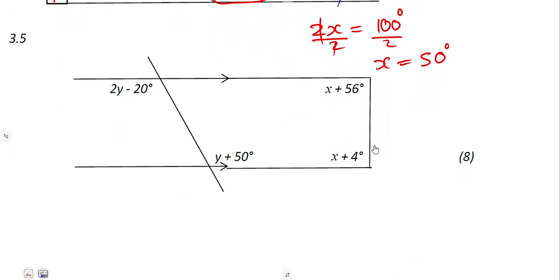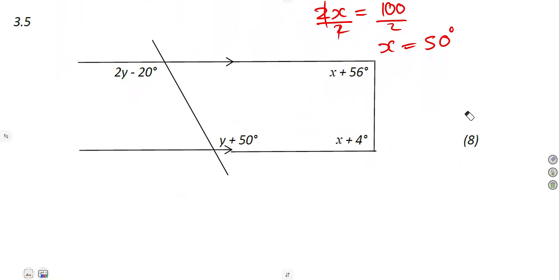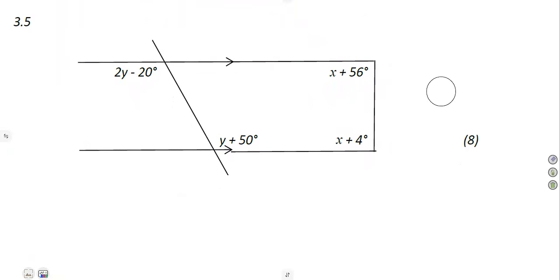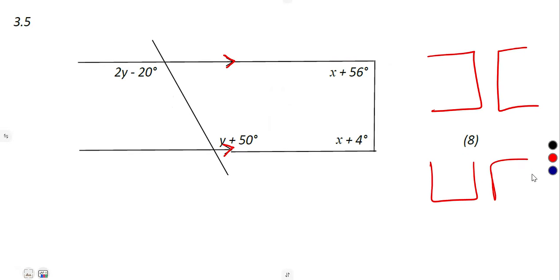3.5, that is again, we have got two unknown values here, y and x, and there is an indication of these lines which are parallel. All right, so it is up to you. On x, we can consider the c angles, co-interior angles. Remember where we form the c, the u, whatever that you have there, those are co-interior angles which add up to 180.